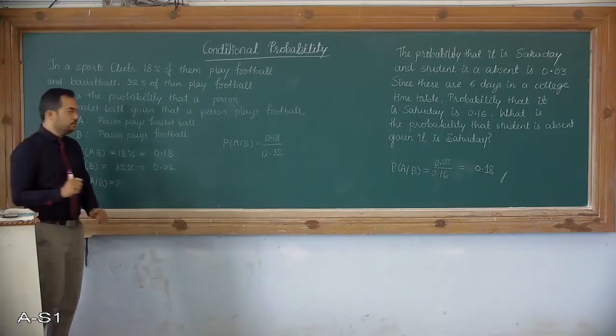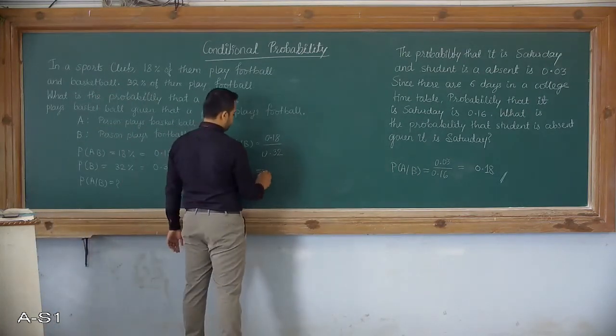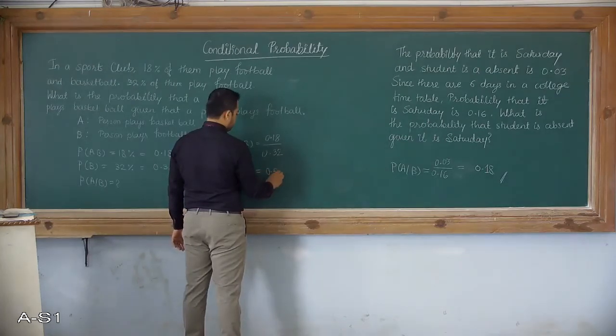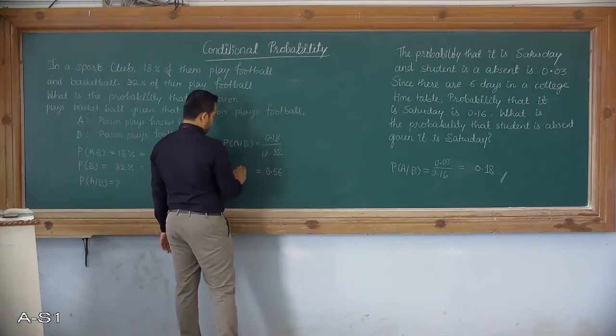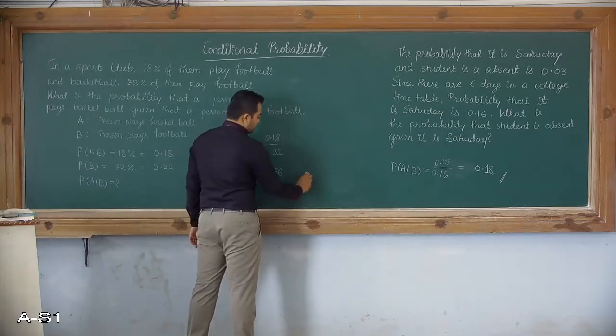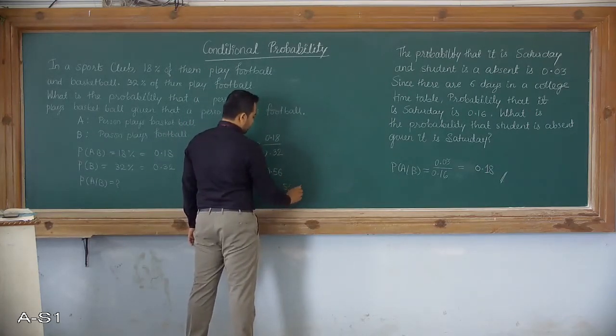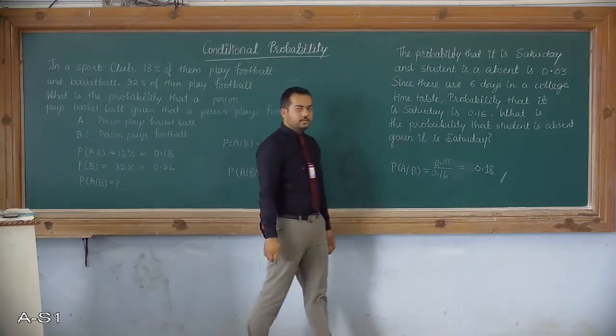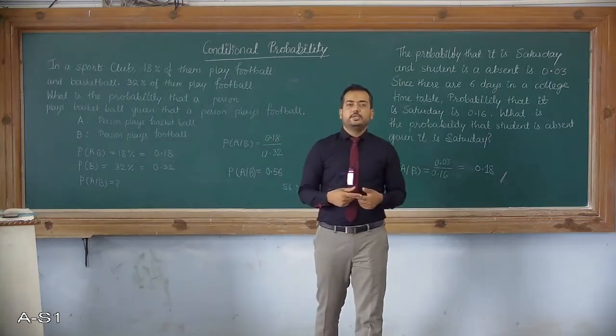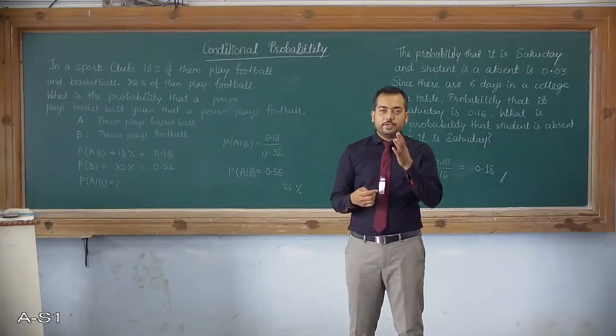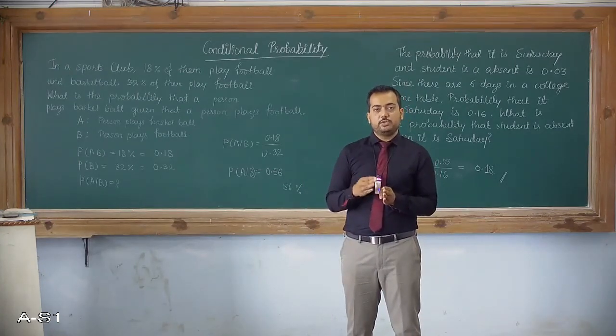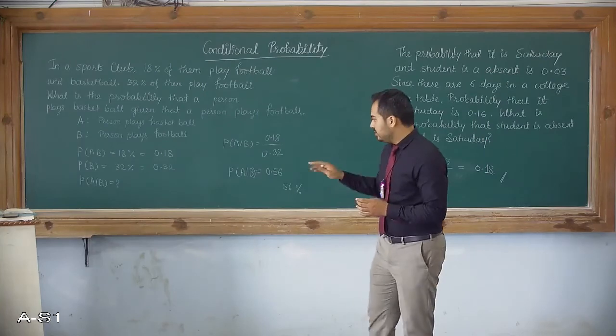This is given by 0.56. That is the probability of A when B is given, so you can say there is a 56% chance. When you choose a person who is playing football, there is a 56% chance that the person is also playing basketball. This is the meaning of this.